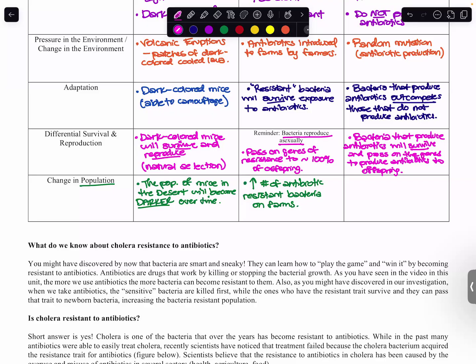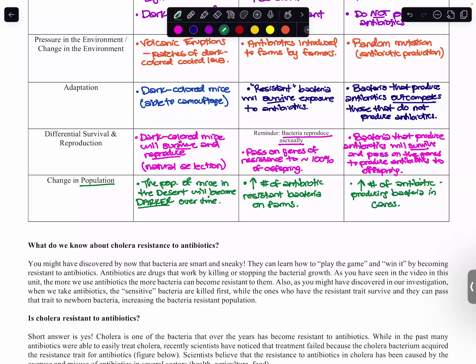And as a result, the change in population that we would expect is an increased number of antibiotic producing bacteria in caves.